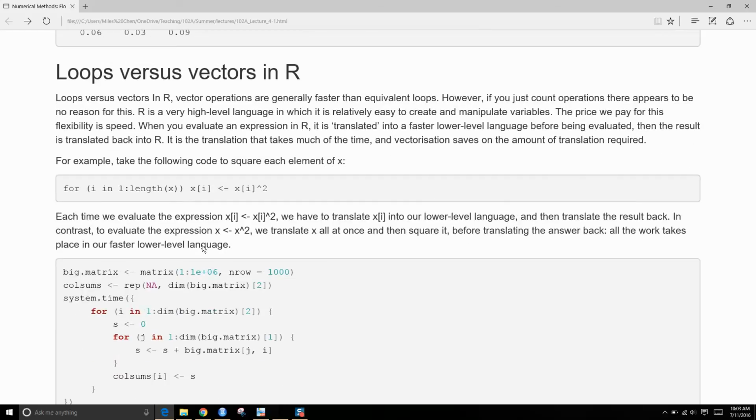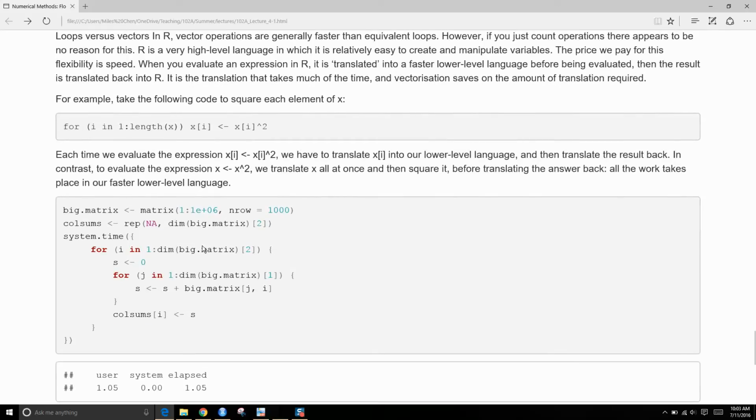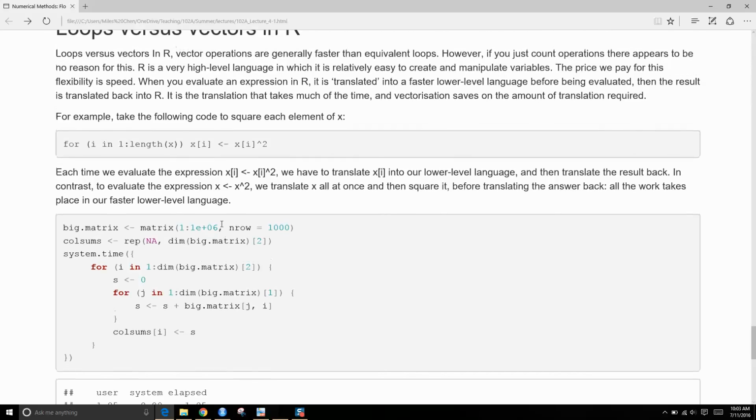R can do loops, and a lot of times it's easy for us to think of loops, but vectors are generally more efficient for R. If we think of computational time, it seems like the loop shouldn't take that much longer than the vectorized version.